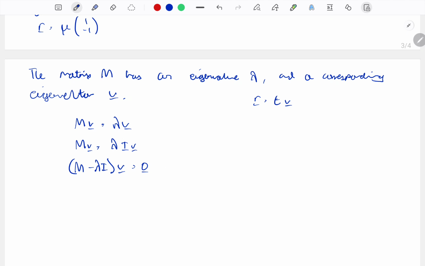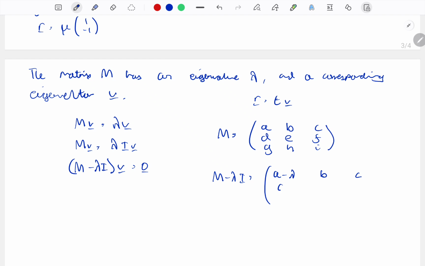Let's say M is (A, B, C; D, E, F; G, H, I). M minus lambda I would be (A minus lambda, B, C; D, E minus lambda, F; G, H, I minus lambda).